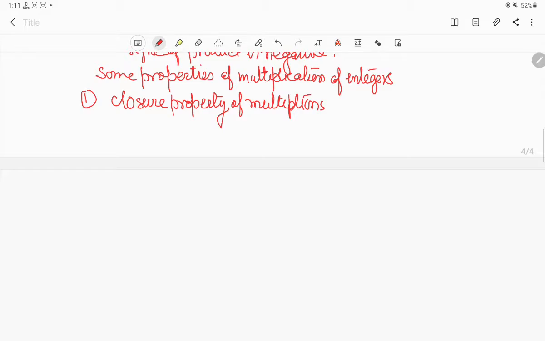This property states that if you multiply two integers and the product is also an integer, then this property is called the closure property.